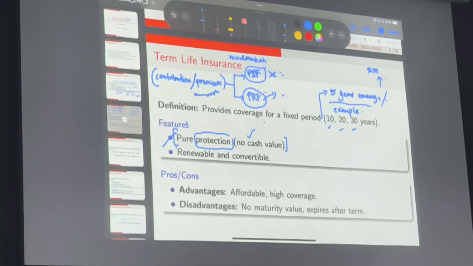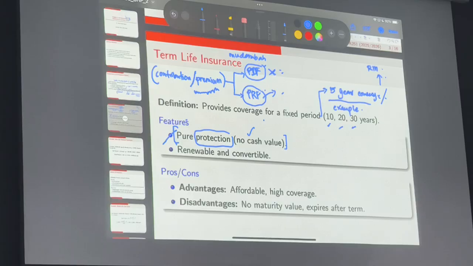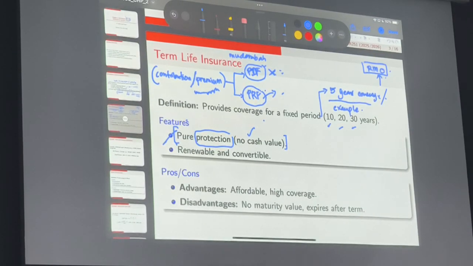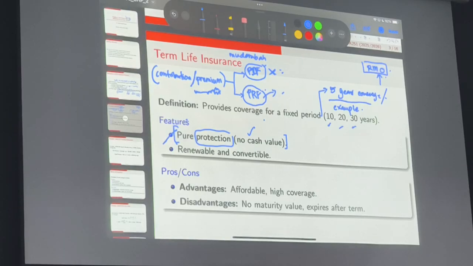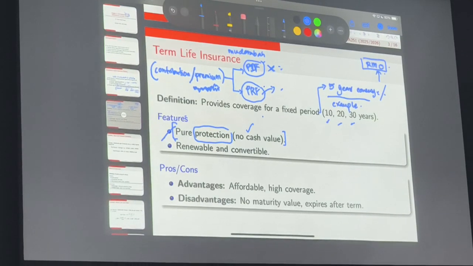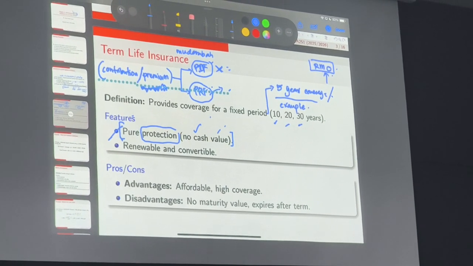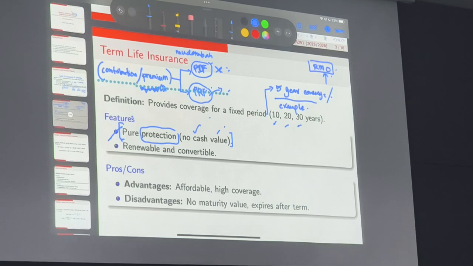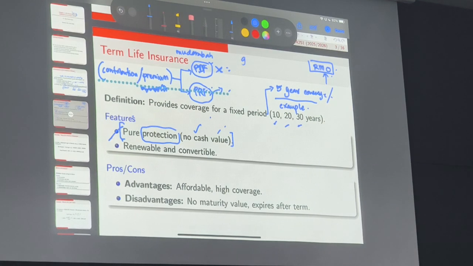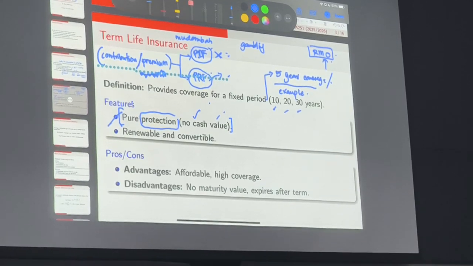Sebab dia adalah pure protection, you will receive zero. Sebab semua premium ni will be used for protection only, no cash value. So inilah yang dalam takaful we call it gambling, total gambling kat sini, right? Kita bayar after 5 years nothing happens, then we receive nothing.